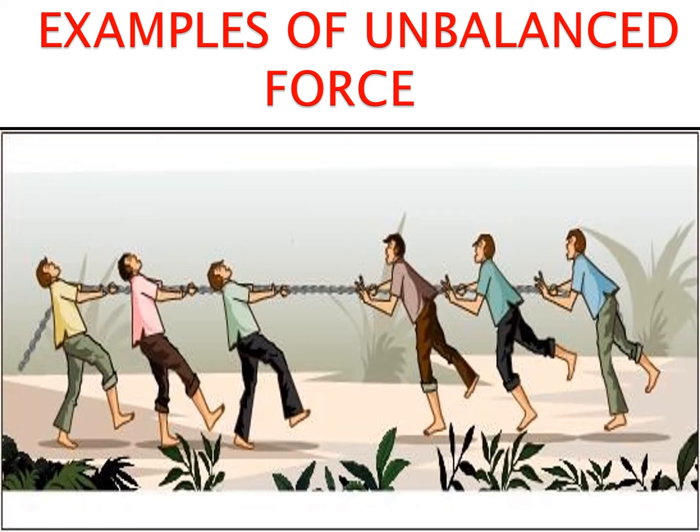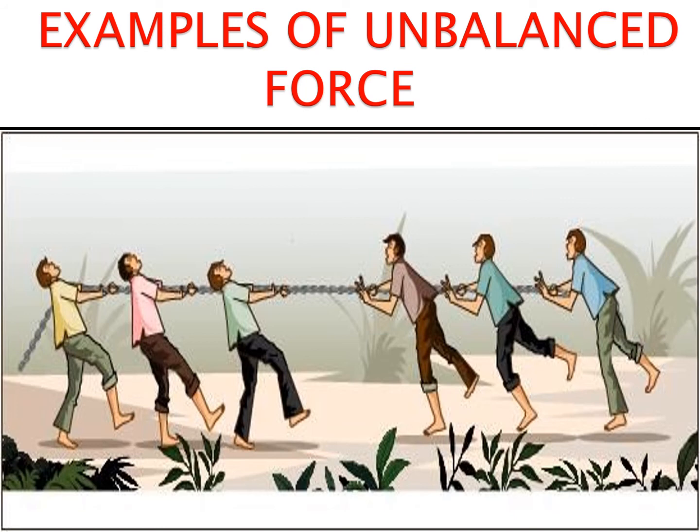Now the examples of unbalanced force. Here you can see in the image there is a tug of war. In this, if the force applied by persons on both sides is the same or equal, the rope will not move. The rope will move only when the force applied by one side is more than the other.